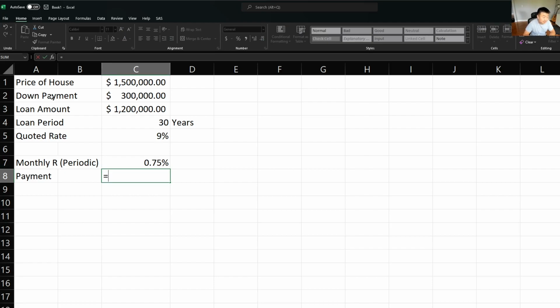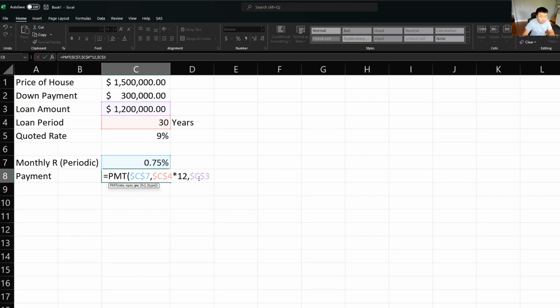So using Excel function, we're going to use the PMT function, which is short for payment. And the first argument is the rate. The second argument is the number of periods. So the number of periods should be 30 multiplied by 12, which is, again, 360 months. And the present value is going to be 1.2 million, which is this.